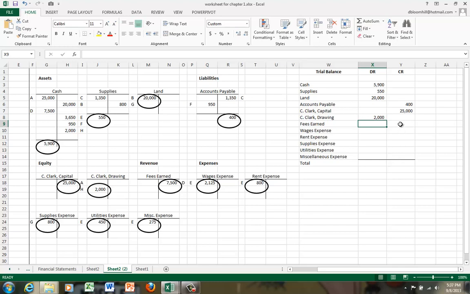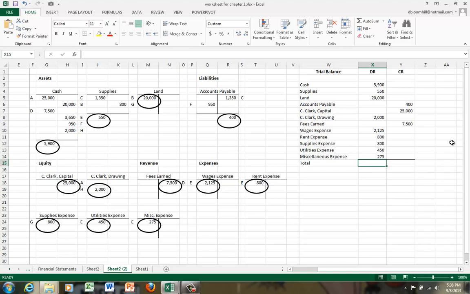Next we have fees earned, 7,500 on the credit side. And now we just list all of our expenses. Wages expense is 2,125 on the debit side. Rent expense is 800 on the debit side. Supplies expense is 800 on the debit side. Utilities 450 on the debit side. And miscellaneous expense 275 on the debit side.